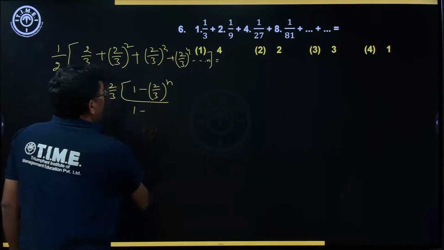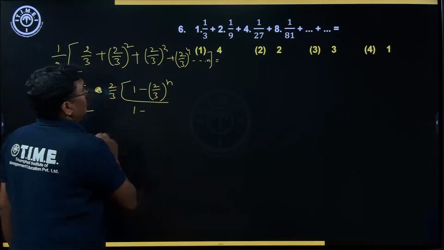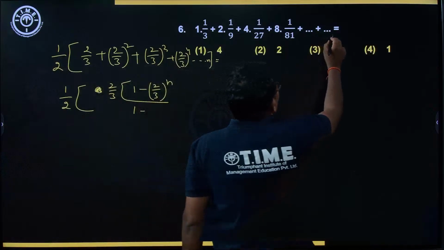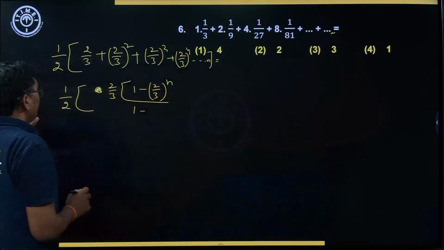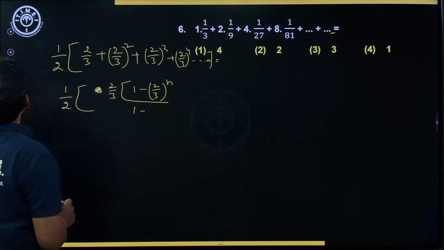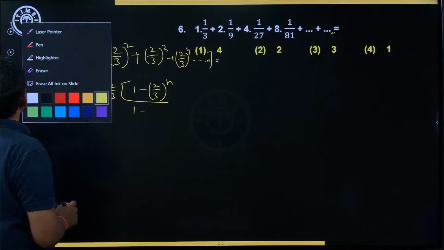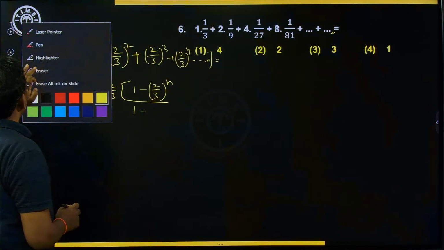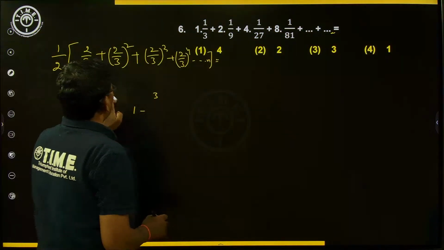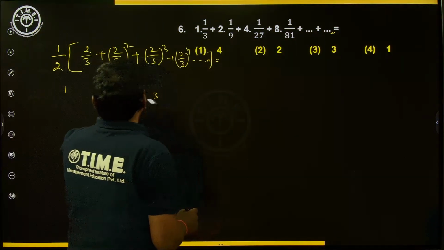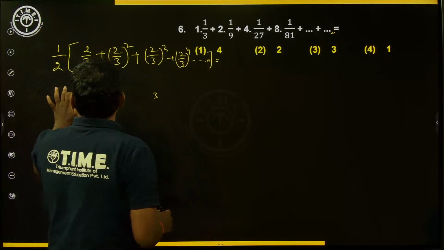It is not n terms, it is still infinity, so and so on to infinity. So what is the infinity formula?